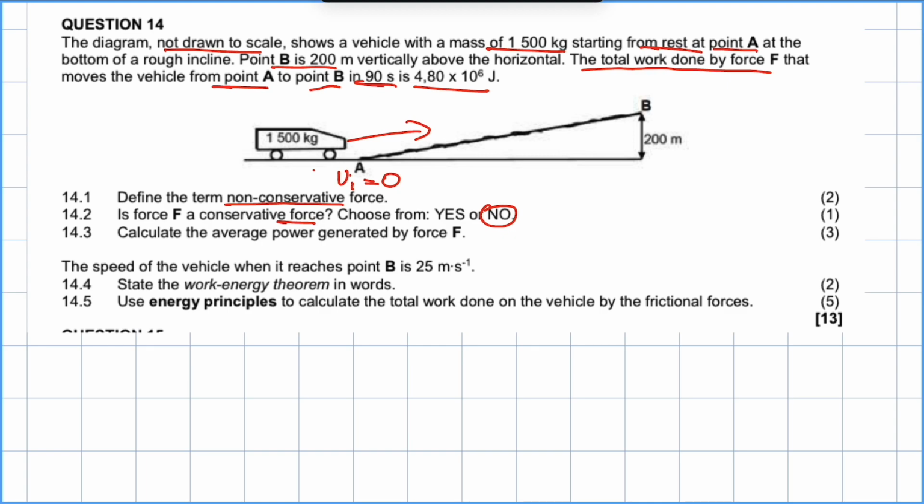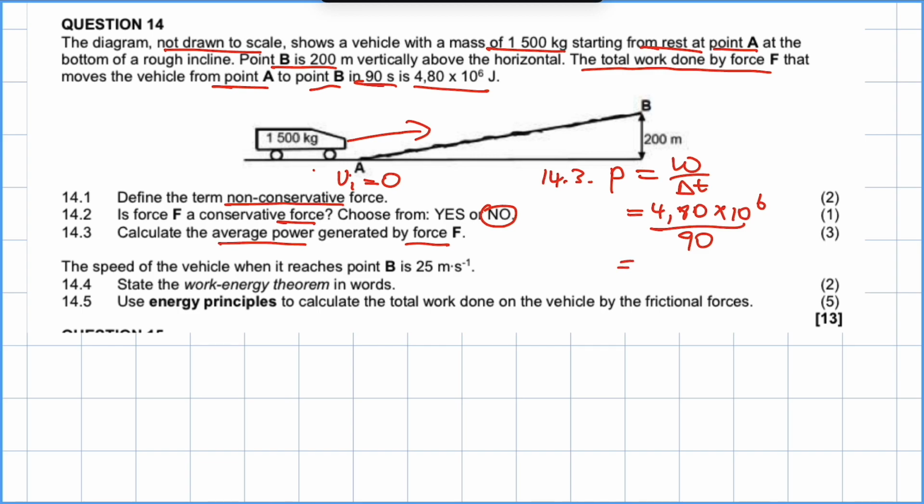Okay, 14.3, calculate the average power generated by force F. What do we know? We know the work done by force F and we know the time interval. So we can use the formula P is equal to work divided by the time interval, which is 4.80 times 10 to the power 6 divided by 90.